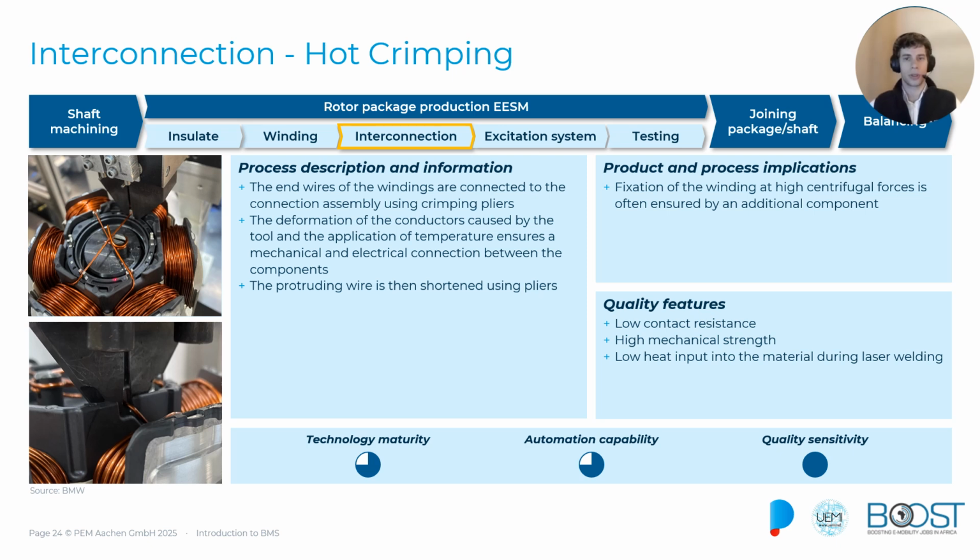The process starts by placing the wires into a crimp sleeve or terminal. A heated crimping tool then compresses the sleeve, causing it to shrink and tightly grip the wires, creating a secure mechanical and electrical bond.